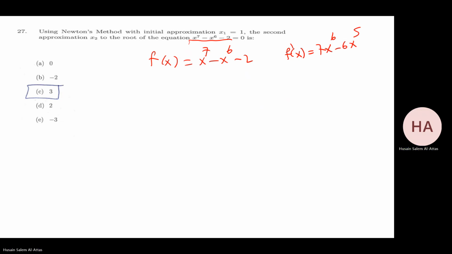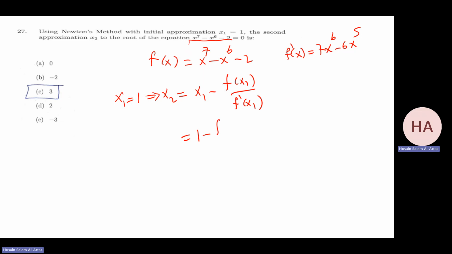Now x1 equals 1, x2 equals x1 minus f of x1 over f prime at x1, and that is 1 minus f of 1 over f prime at 1. f of 1 is 1 minus 1 minus 2, that is -2. f prime at 1 is 7 minus 6, that is 1. So I have 3.